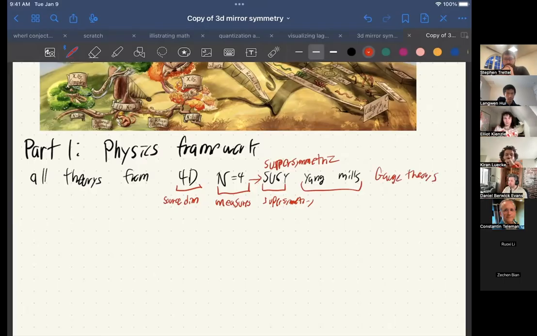So it's going to have to do with principal G-bundles over some space with maybe some representations attached. And in fact, that's the data that we're going to start with. So our data is going to be a gauge group G, and some representation N of that gauge group.